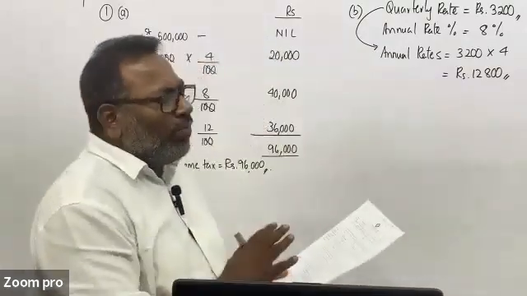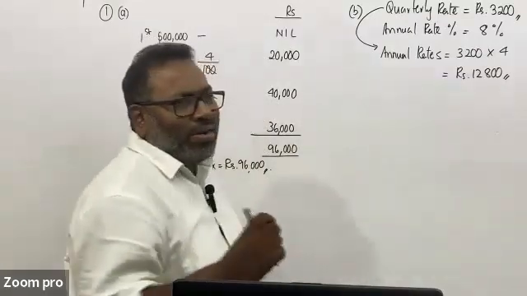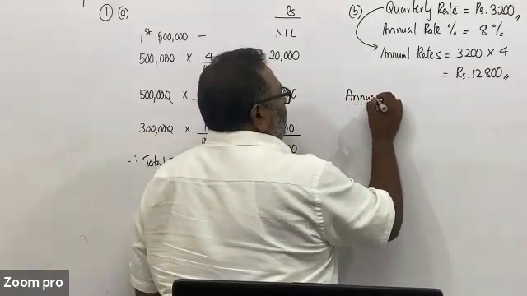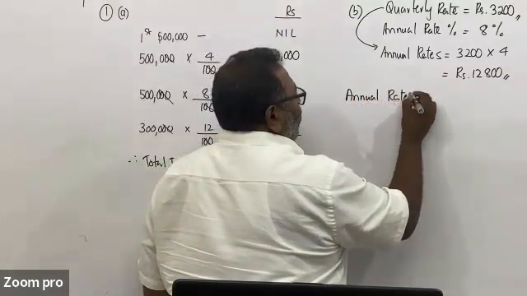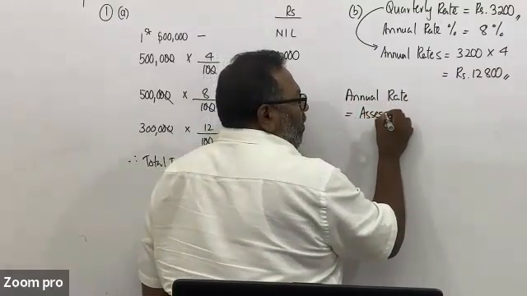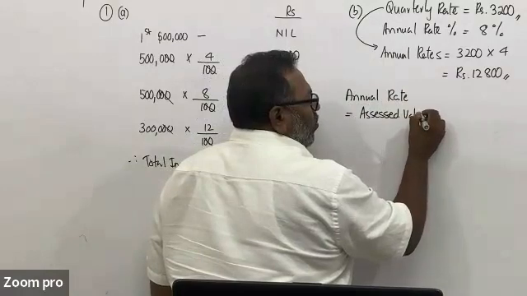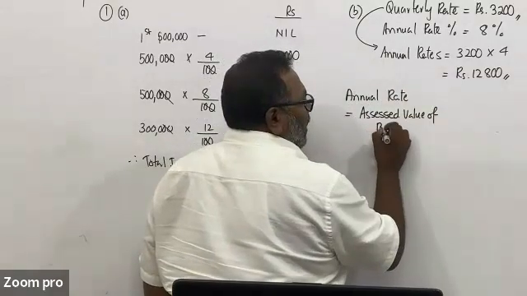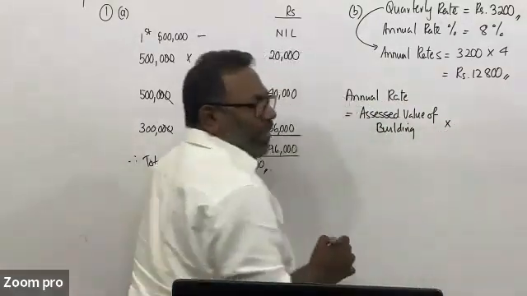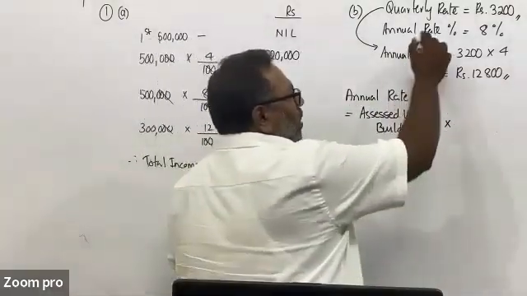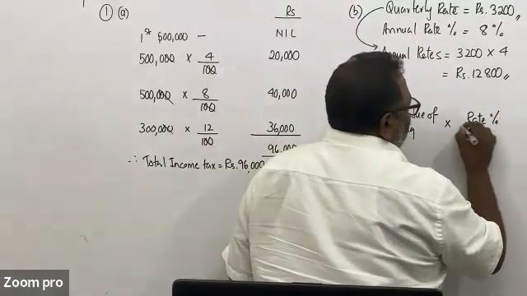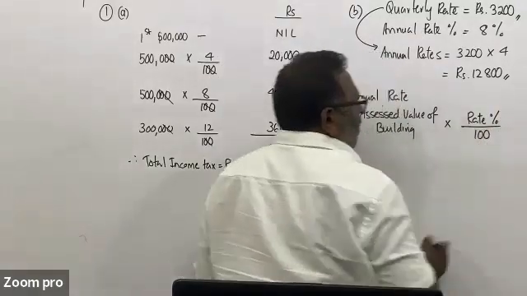So let's just go back to the formula. What is the formula to find the annual rates? Annual rates is equal to assessed value of building multiplied by your rate percentage, which is over 100.